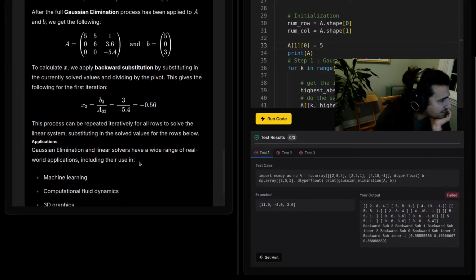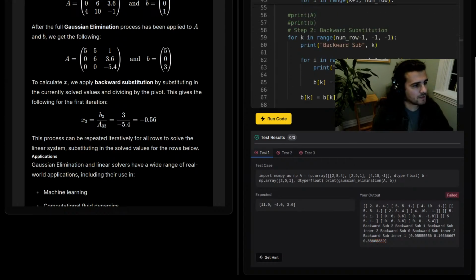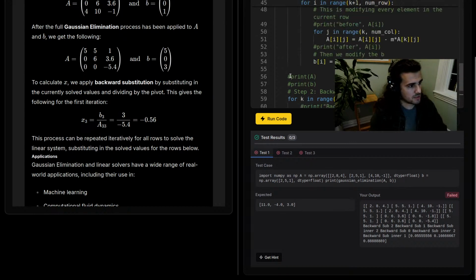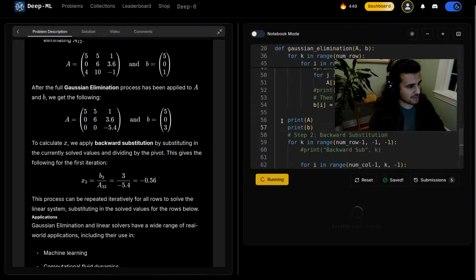Because the x3 should be minus 0.66 and we don't have that. Okay, cool. This is good. Okay, so I'm doing the backward substitution like this. And what is my A and B at this last step?